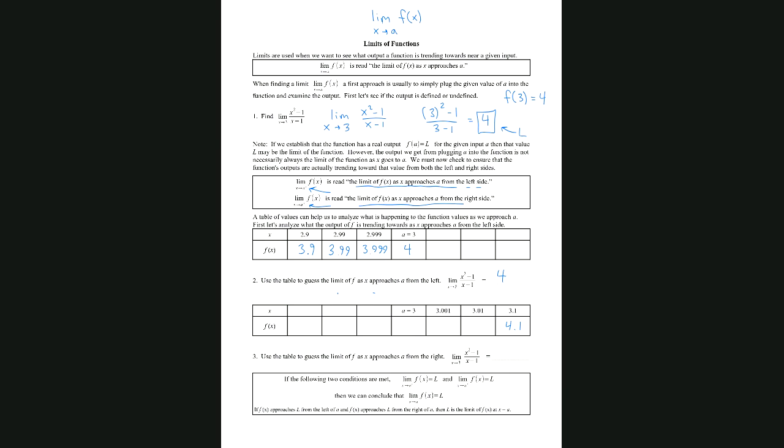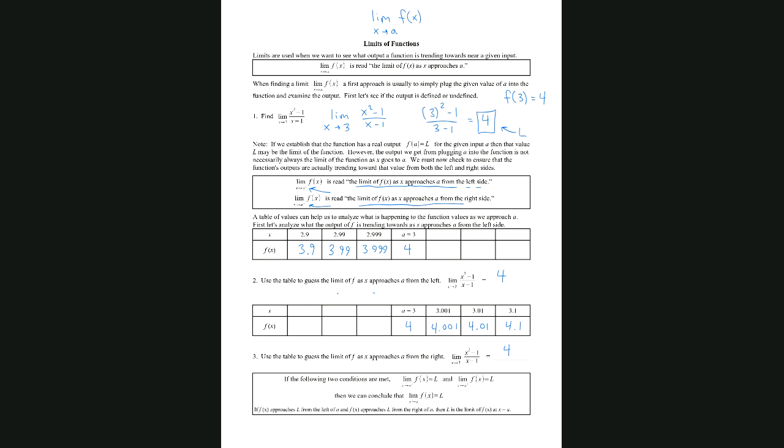If we change our input to 3.01, we get 4.01 as the output, and then 4.001. So can we use the table to guess the limit of the function f as x approaches 3 from the right side? All evidence points to it heading toward 4, and that we know is the value of f of 3.